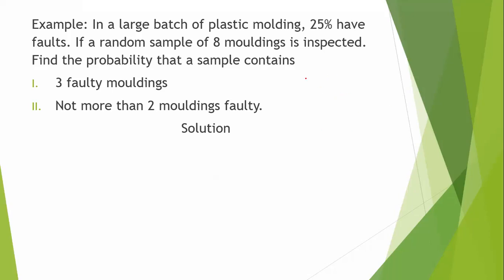Let me give you 30 seconds to get for me the n, the probability of success, which is p, and then the probability of failure, which is q. I'm waiting for your answers.